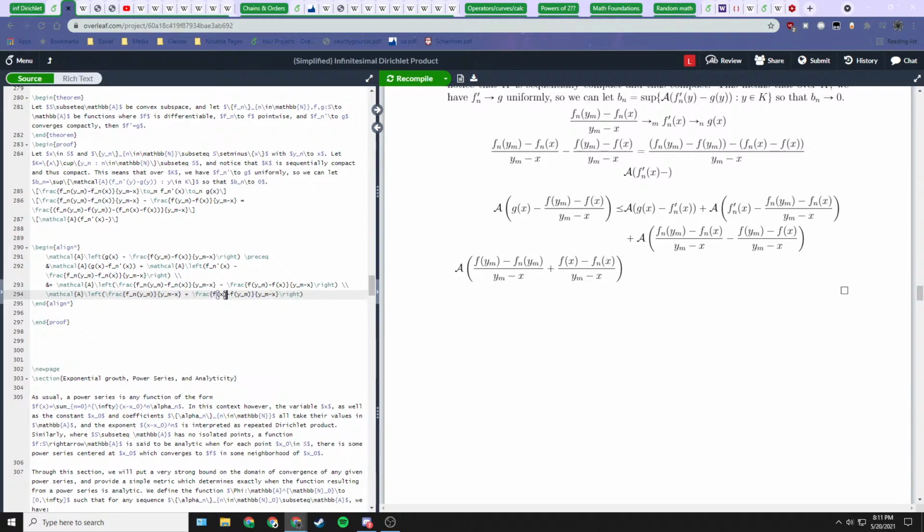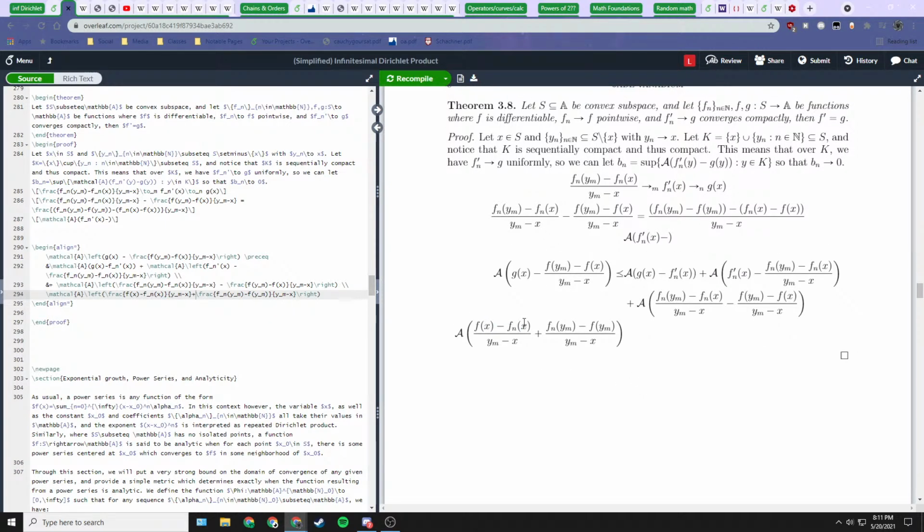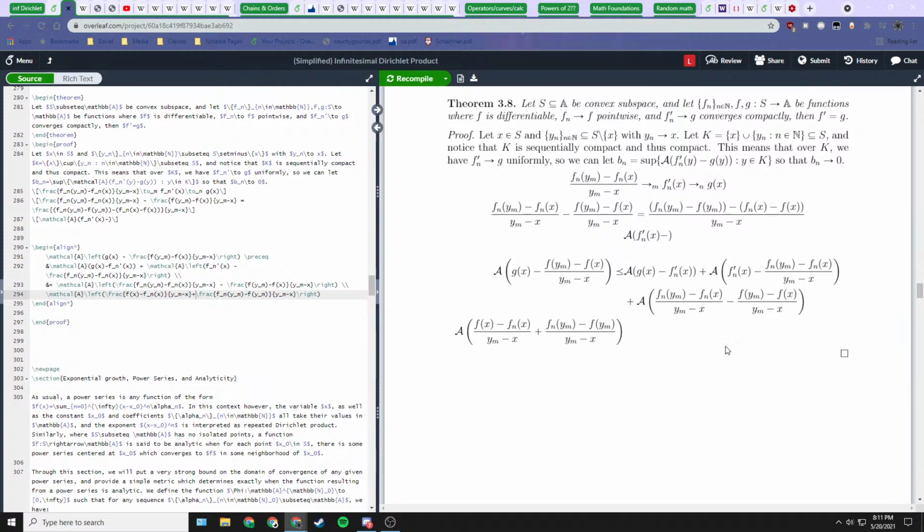Yeah, okay, that's fine. That'll go over there, so we have two x's. This will go over there, so we have two y sub m's over there. We can also flip these the other way, like this. As n goes to infinity, this will go to 0. And we're just taking this m limit, so we can do n however we want. And likewise for this one, this will go to 0. And I think that's all that's necessary. I'm actually not sure why this should be any more complicated.